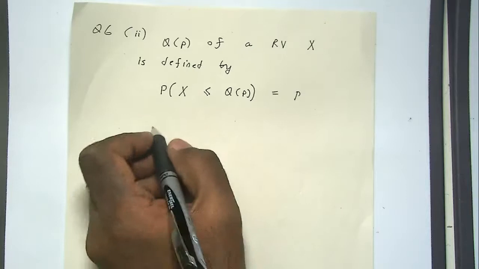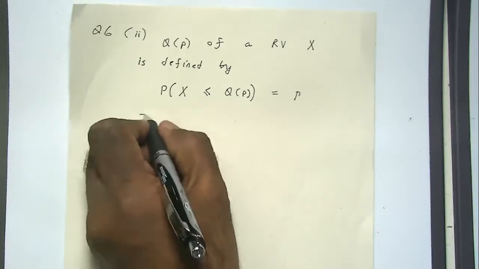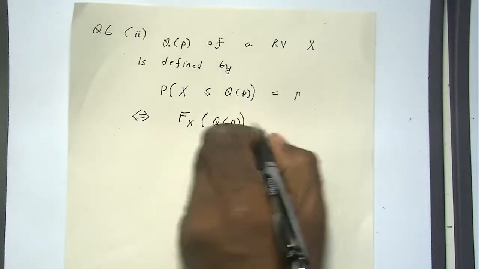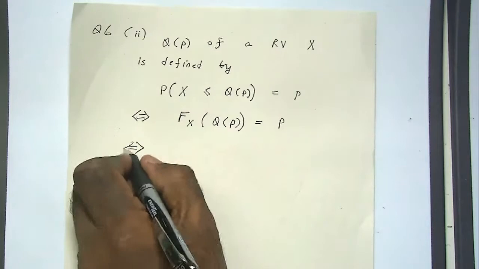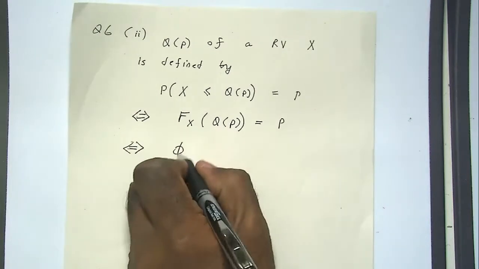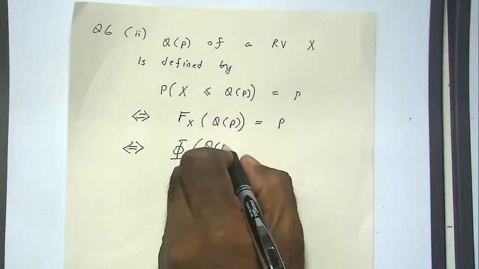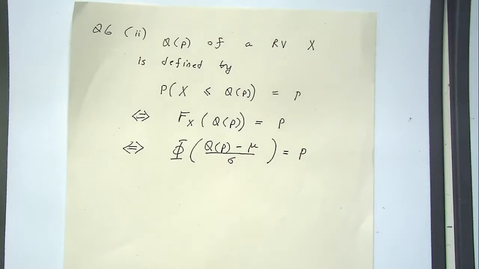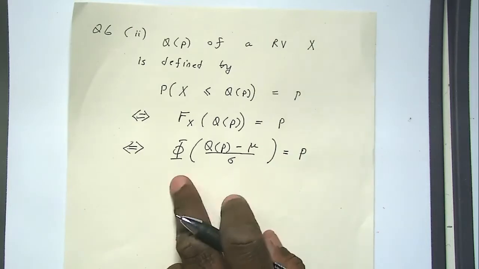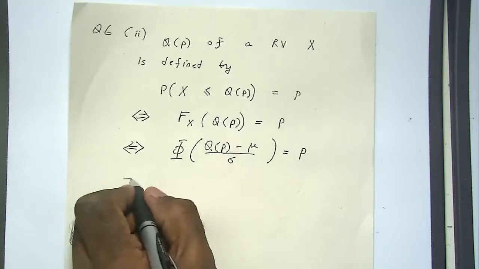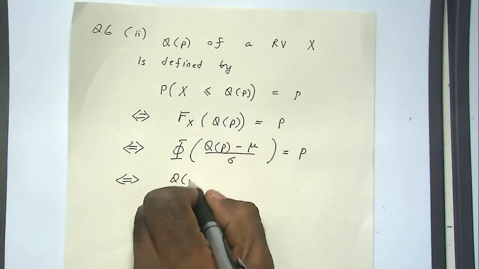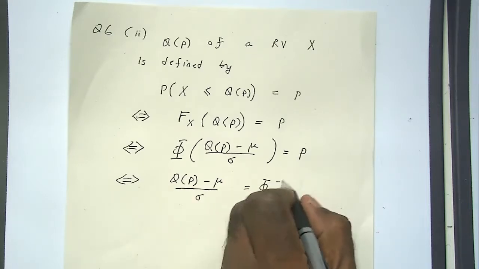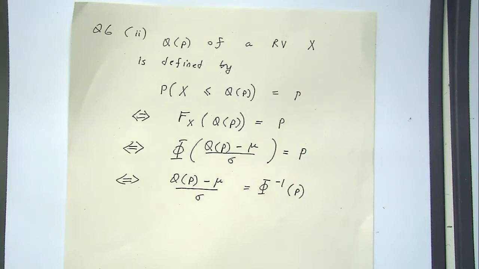So Q of P is the value for which this probability is equal to P. Now, if x is a normal variable, this is the same as saying that the CDF of x at Q of P is equal to P. Then this is phi of (Q of P minus mu) divided by sigma equals P. Now I'm going to take the inverse function on both sides, and you get this.